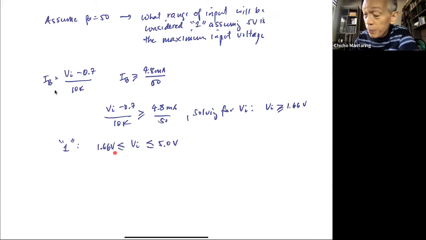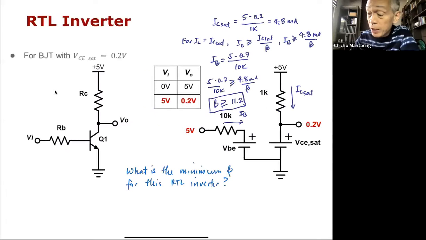So if I input any voltage from 1.66 volts to 5 volts, that will be recognized by my inverter as a logic level 1, no? Meaning to say my output will be 0.2 volts.